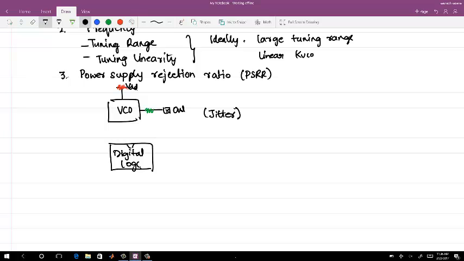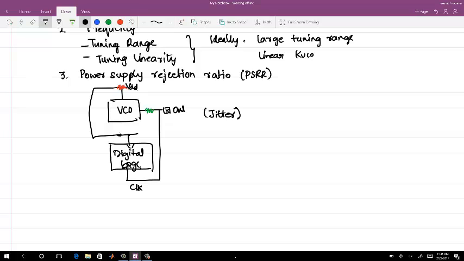So let's say this clock is going to the digital logic, and I am sharing the same supply with the digital logic. And you know, digital logic is a clock circuit. So if the CMOS logic, you will see large glitches as per the clock frequency.